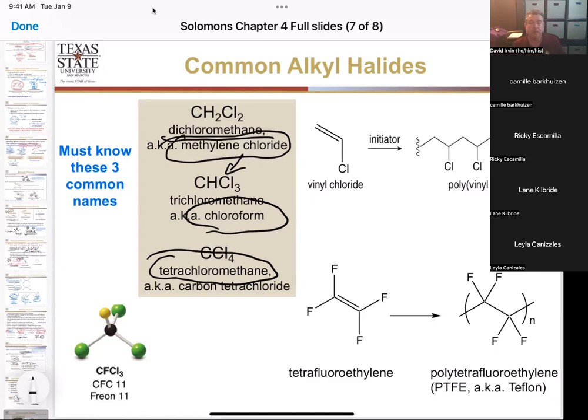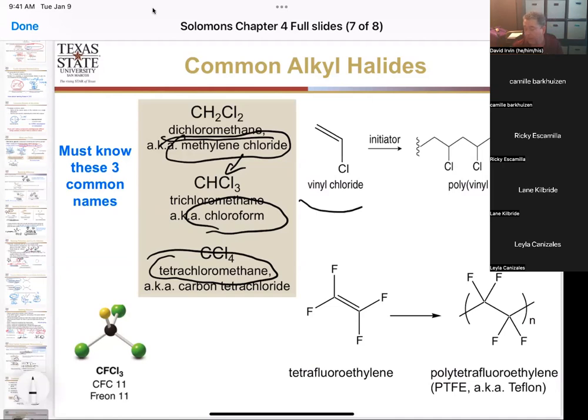These are common names, and you should know these because these are very common solvents we'll be using this semester and next semester. So make sure you put these into memory. Methylene chloride is CH2Cl2. Chloroform is CHCl3. And carbon tetrachloride is CCl4. So these are solvents we're going to use.